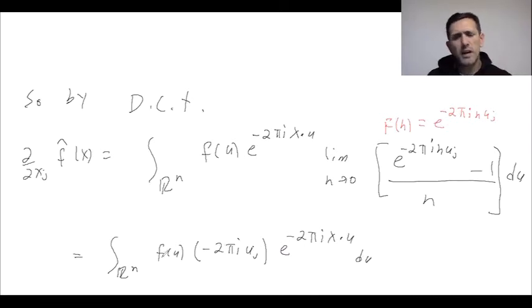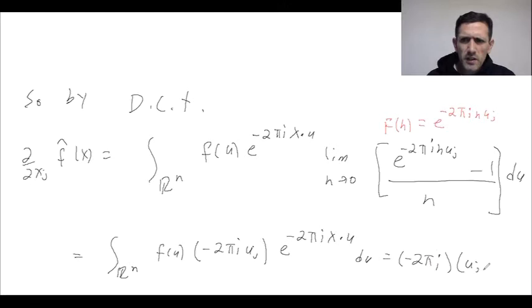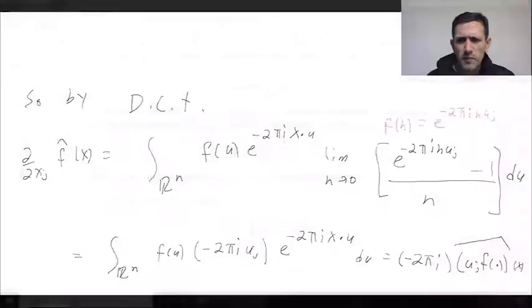And uj f of u is in L1, so it's a perfectly well defined Fourier transform. So it's minus 2 pi i uj f, this Fourier transform at x.